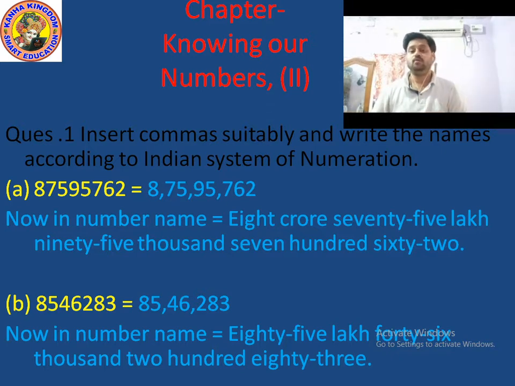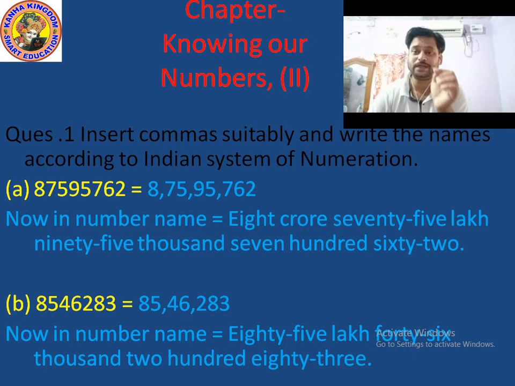Okay, now after completing the commas, now you read from the left hand side. Read from the left hand side. And when you read from the left hand side, which digit is on the left hand side of this number? 8.